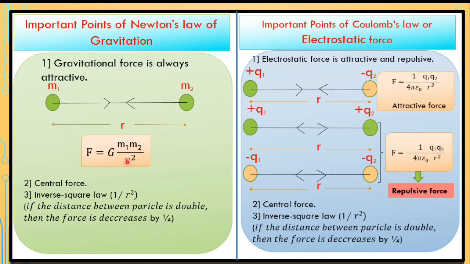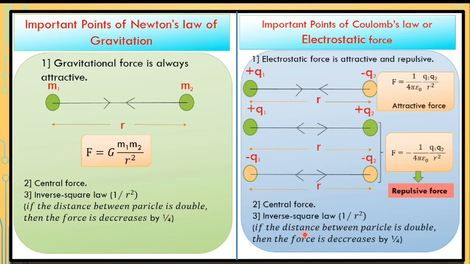Why does it decrease? Suppose G, m1 and m2 are constant and we just double the distance between the two particles. Due to the r square, the force decreases by 1/4.